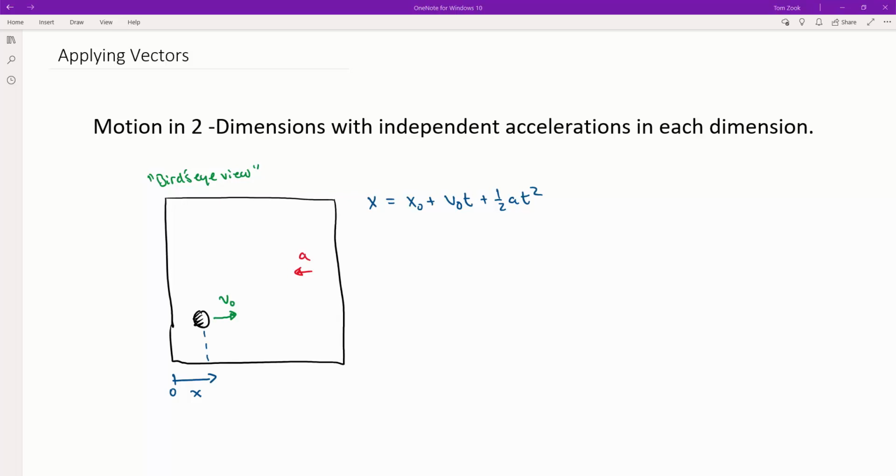What if it's slowing down? What if, for some completely odd and ridiculous reason, there's a stiff breeze blowing this way, and as the ball's rolling, the breeze or the wind is preventing it from going forward as fast as it would like to. It starts to slow down because the acceleration is going against the direction of motion.